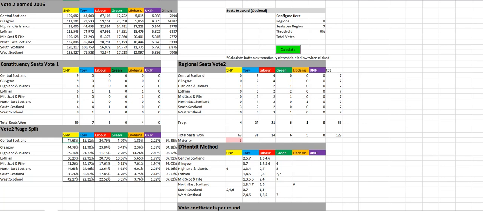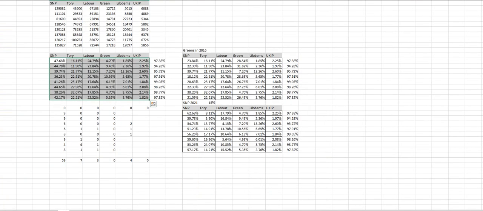So I have now come up with a simulation of what if these figures were applied to the 2016 result, as if the current polling was the same poll in 2016, and rather than voting for the Greens, we're just going to leave them with the SNP. So we're not going to split the vote. The vote's going to be SNP 1, SNP 2. Okay, so let's put these percentages over.